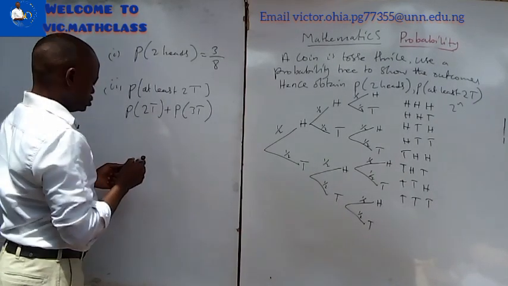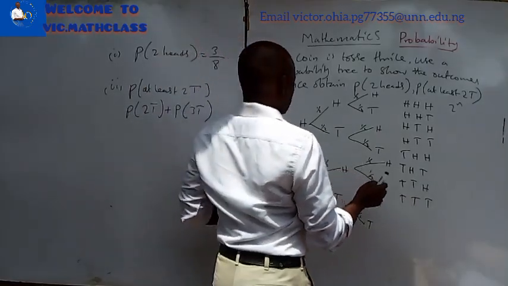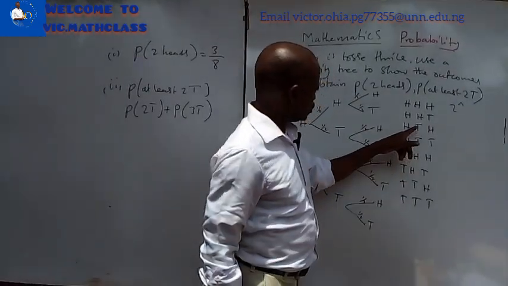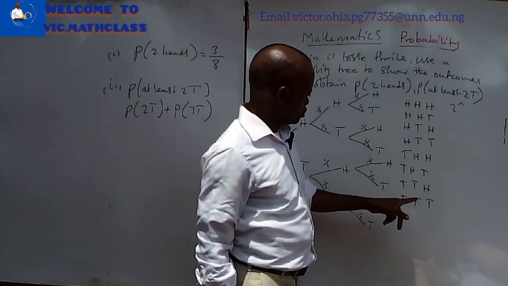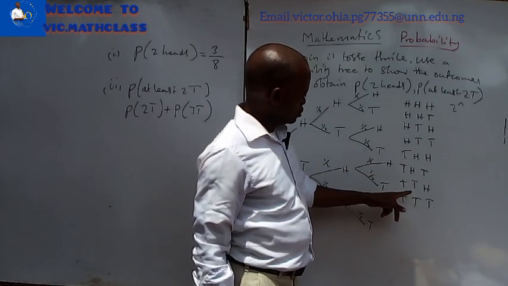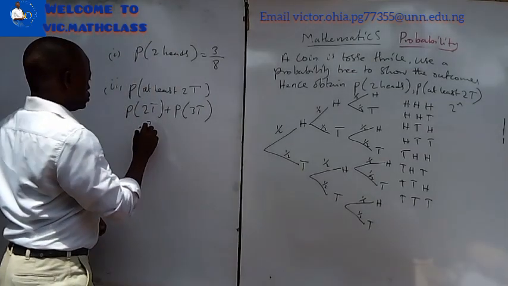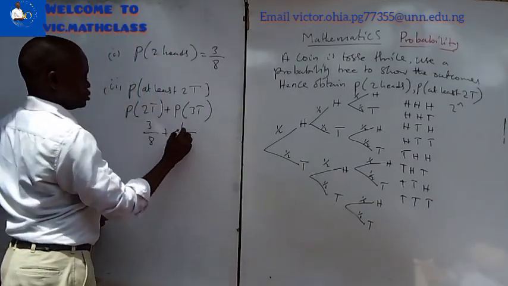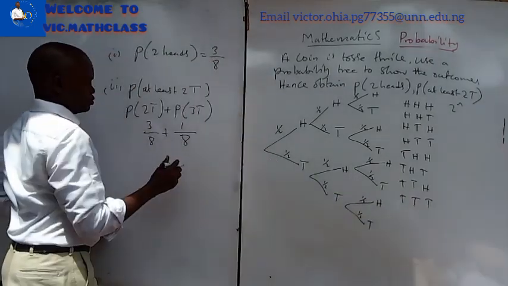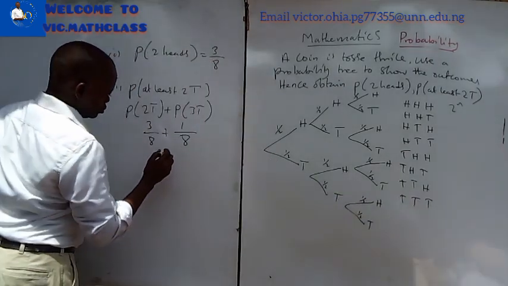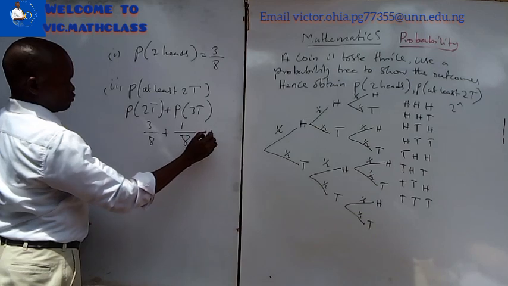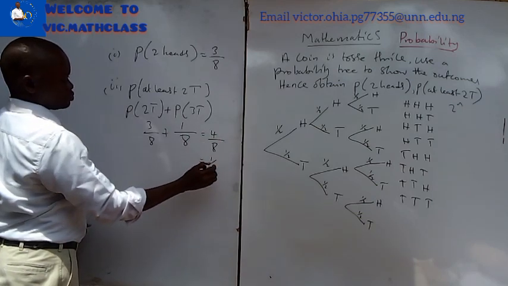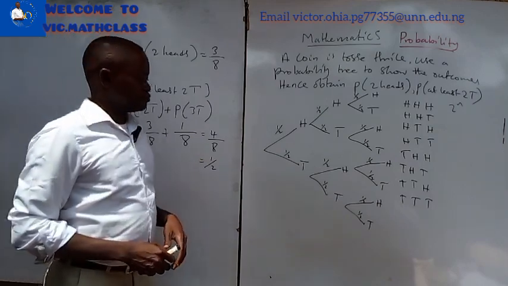The implication of this is, where we have two tails, how many occasions? We have two tails, one here, two here, three here. That's 3 over 8 plus 1 over 8, because we have only one case where we have three tails. So this is going to give us 4 over 8, which is 1 over 2. So that probability is half.